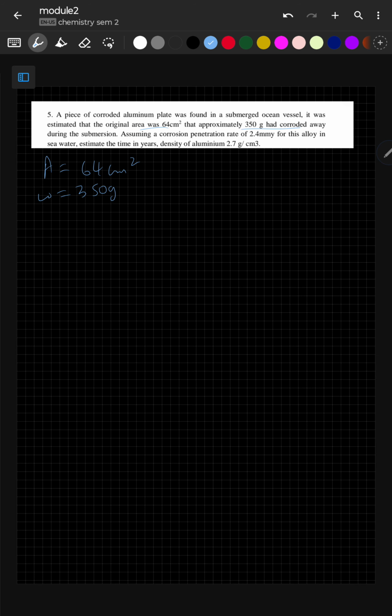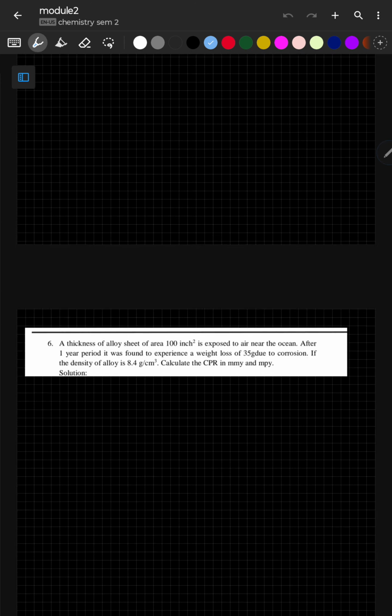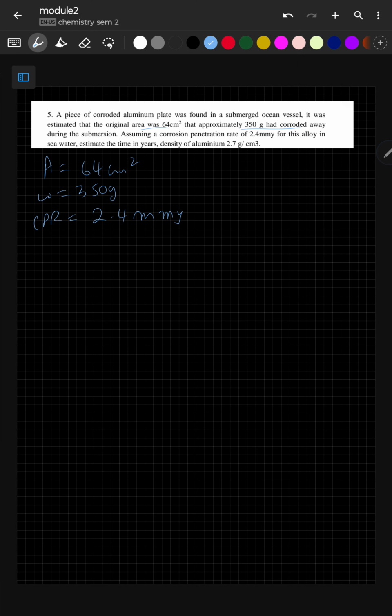Assuming the corrosion penetration rate CPR is 2.4 mmpy for this alloy, estimate the time in years. They have asked time in years here. Density is 2.7 gram per centimeter cube.